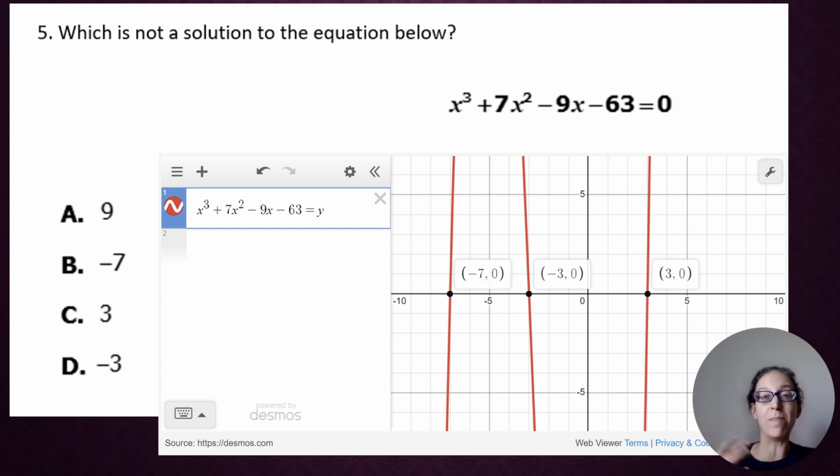But if it were messy numbers, that would be your workaround: just graph it as y equals, and then you're looking for where the y would be equal to 0, which of course is the x-intercepts. So which one is not represented? That would be the 9. So we are choosing answer choice A on that problem.